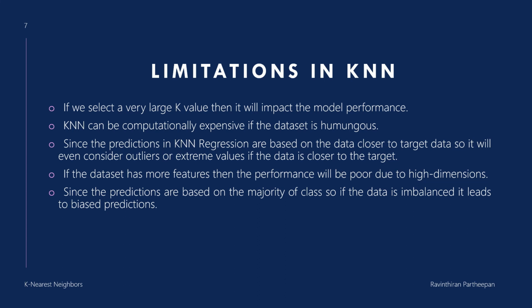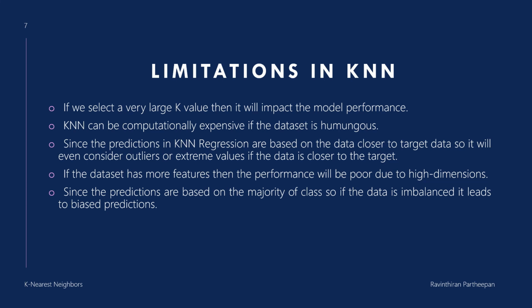Some of the disadvantages are that KNN takes a lot of memory and computation power, takes a long time, and is computationally expensive. And if we select a larger K value, then of course it will affect the model performance, and like I said, it will take more computation.